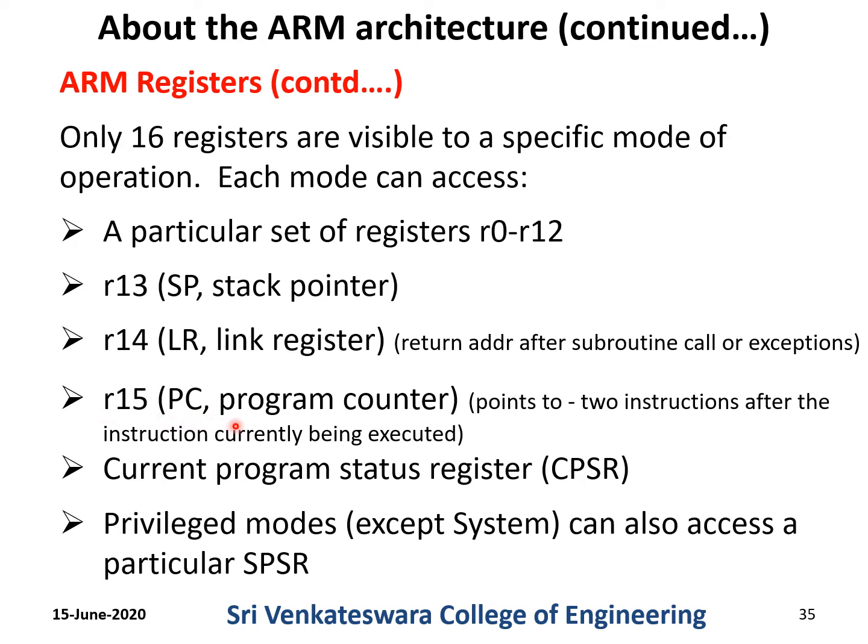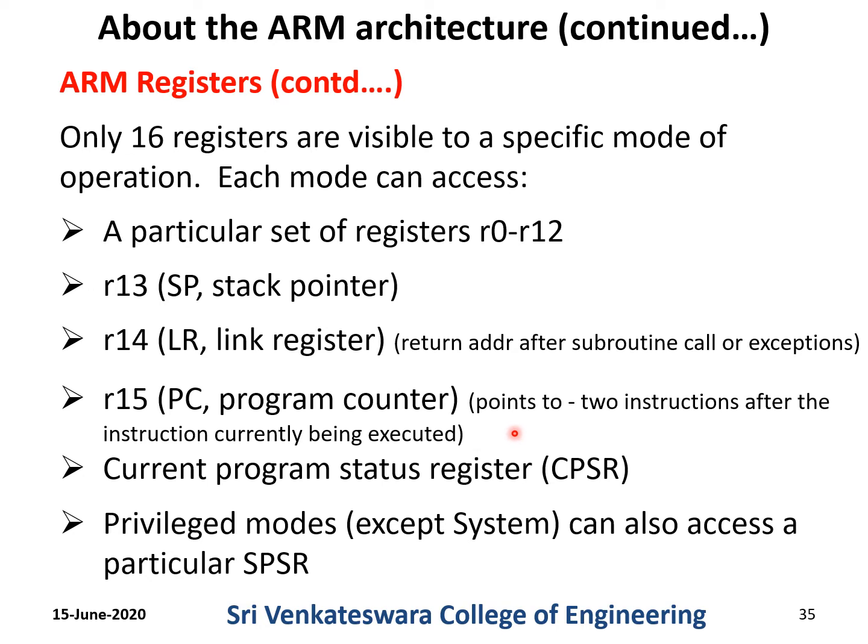R15 is used as the program counter. The program counter is the register which points to the next instruction. Here in ARM, due to the pipelined architecture, the program counter points to 2 instructions after the instruction which is currently being executed. Each instruction occupies 4 bytes in the memory.